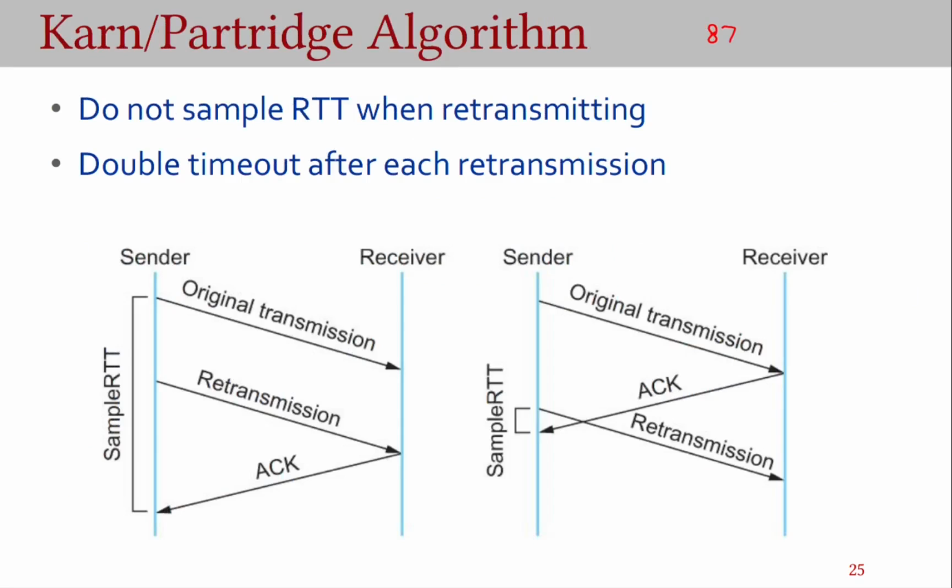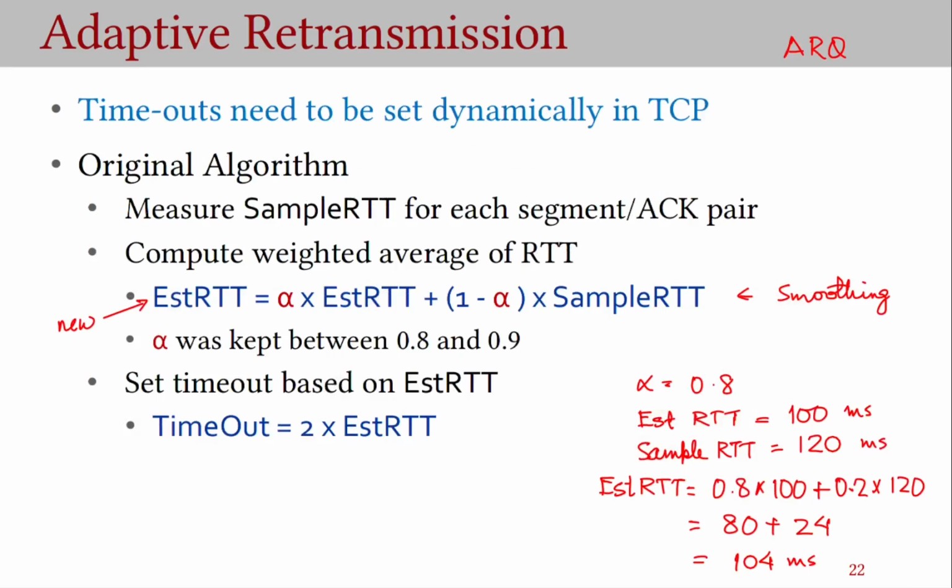And we have seen such a thing before, right? Previously we had estimated round trip time is alpha times the previous estimated round trip time, and then 1 minus alpha times the sample round trip time.